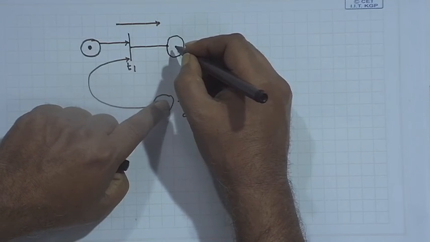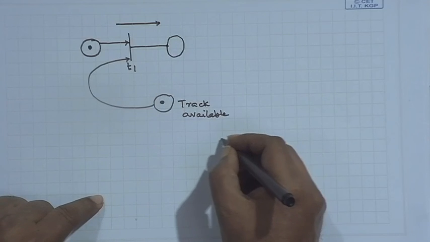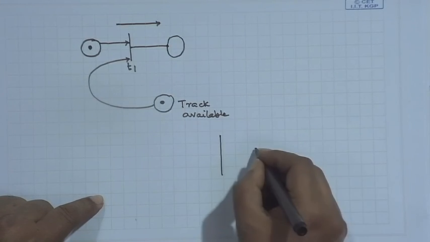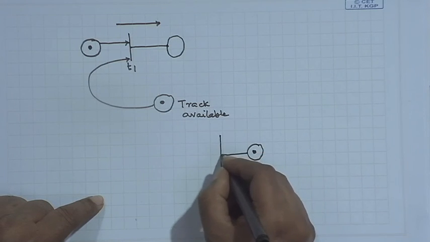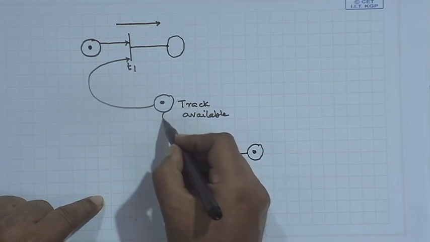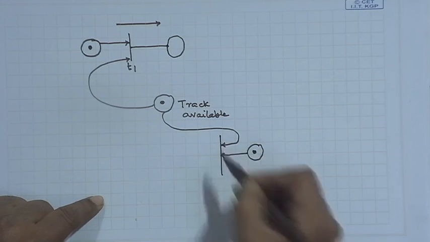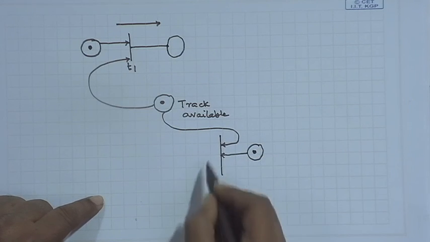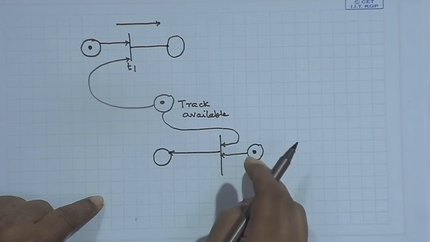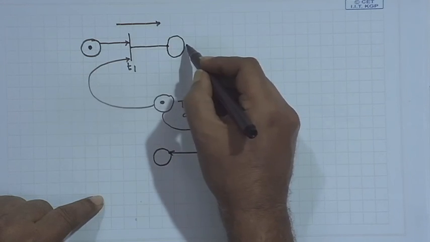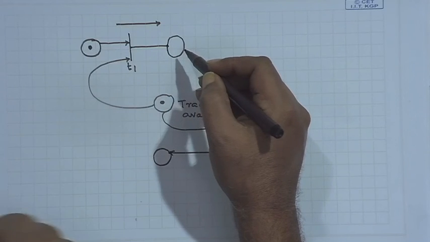Now, if at the same time another train is coming on this side and trying to come on this side, it is also connected here, and therefore, you can see that it cannot proceed, because once one train is moving in this direction, it cannot proceed.